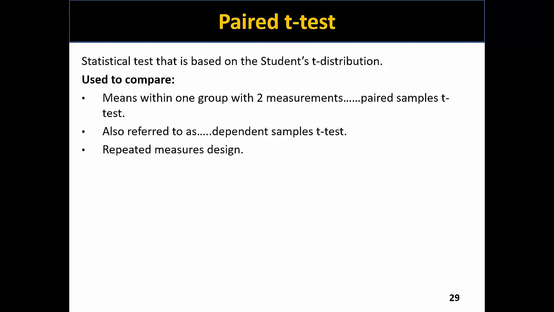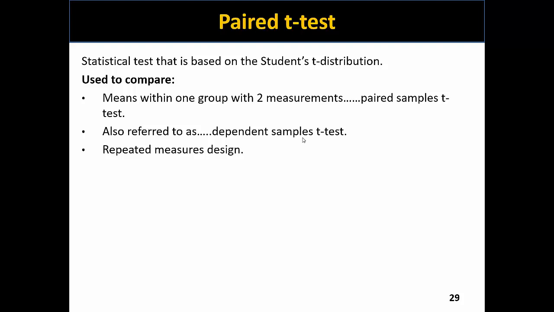And so this is often also referred to as a dependent samples t-test because both sets of scores are dependent on each other because they're coming from the same group of research participants or cases. This is often referred to also as a repeated measures design from a research perspective because we're repeating the measure on the same group of people.